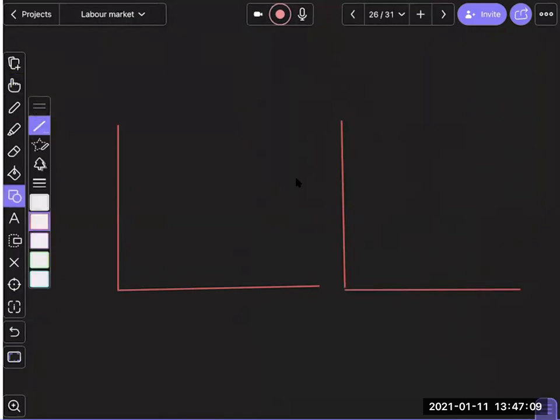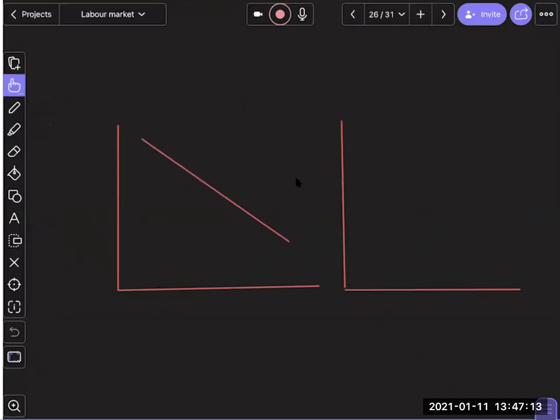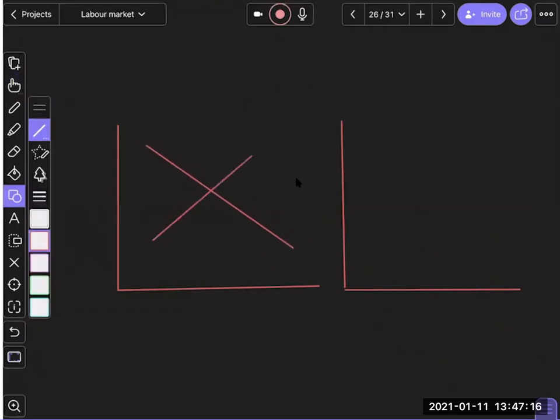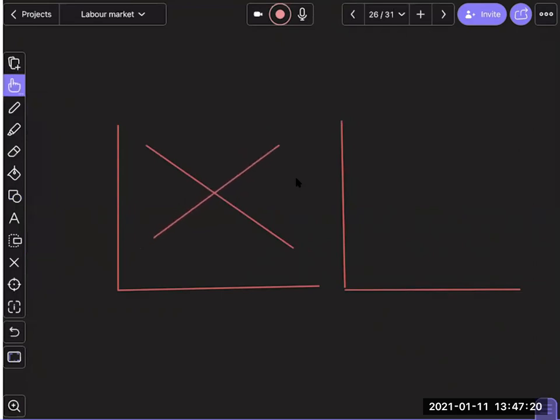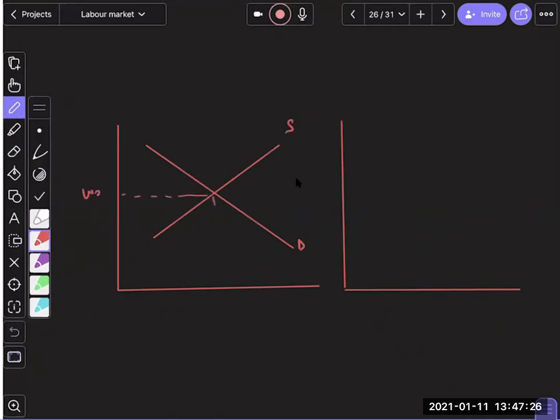Okay, so if I look at demand and supply, and this is your wage and quantity for, let's say, men.